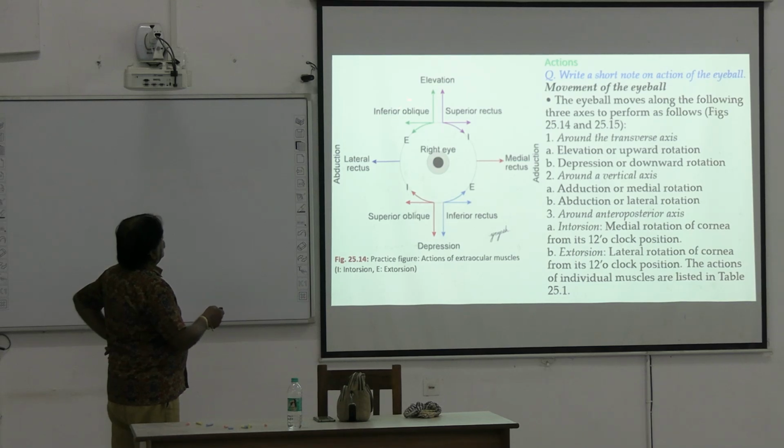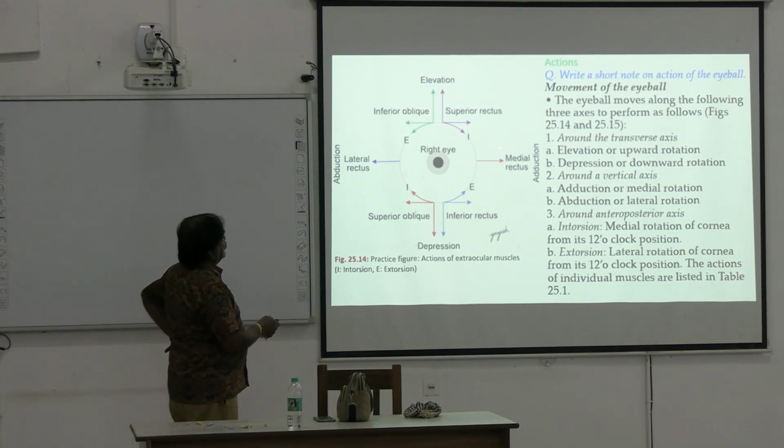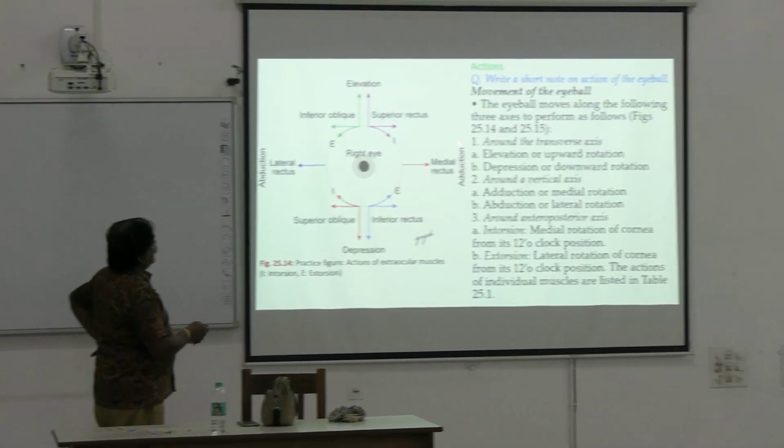The muscles involved are inferior oblique and superior rectus. Lateral rectus here, abduction. Depression: superior oblique and inferior rectus. And the medial rectus, adduction.